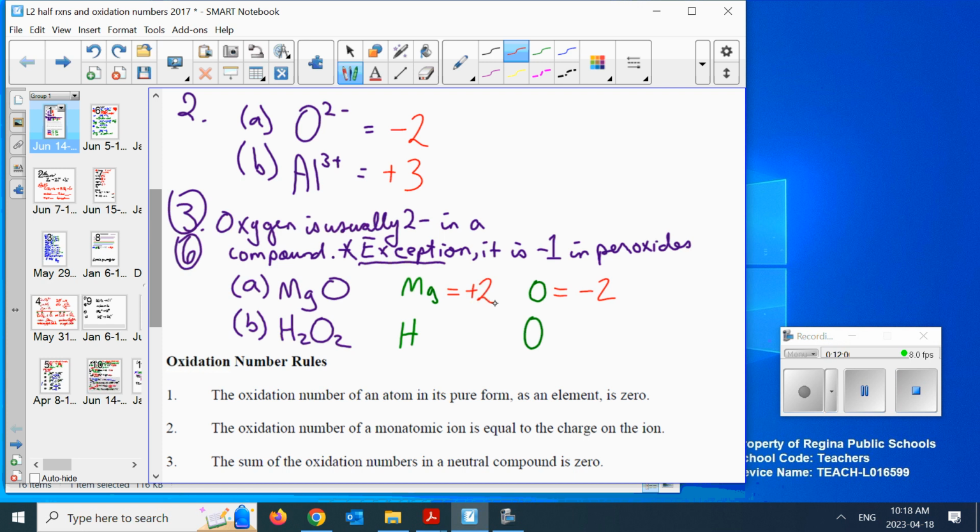Now, B is actually hydrogen peroxide. You know, the stuff you put on cuts. So it's a peroxide. So we're going to assume right away that since it's peroxide, we're using -1 for the oxygen. If I do this arithmetic, I won't write it out. H2O2.